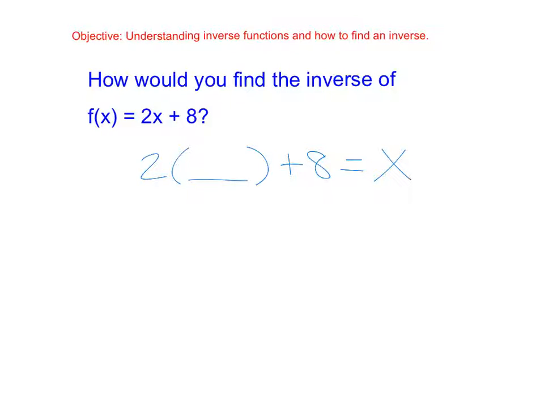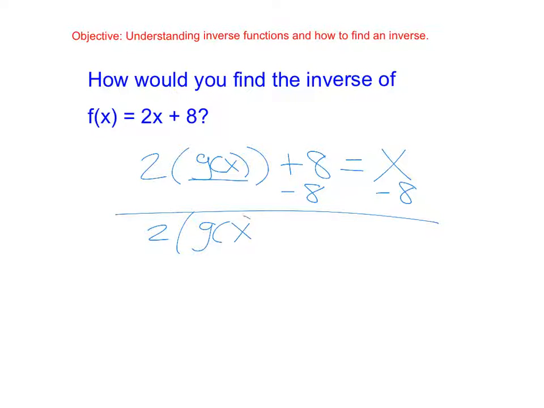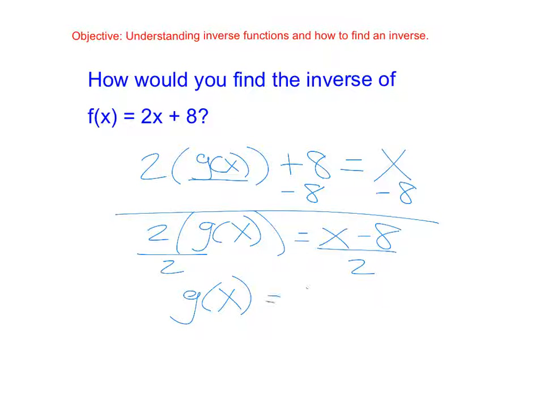I want to know what this function g of x is. If I subtract 8 on both sides, just solving for x, and then divide by 2, my inverse function is x minus 8 over 2.